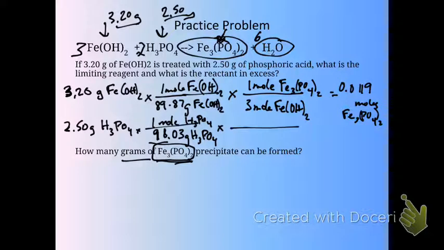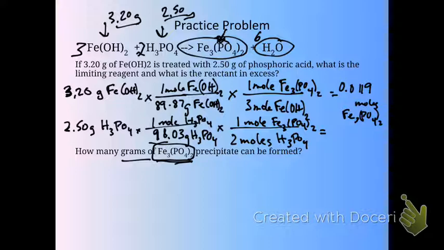And for every 2 moles of phosphoric acid, we have 1 mole of iron 2 phosphate.